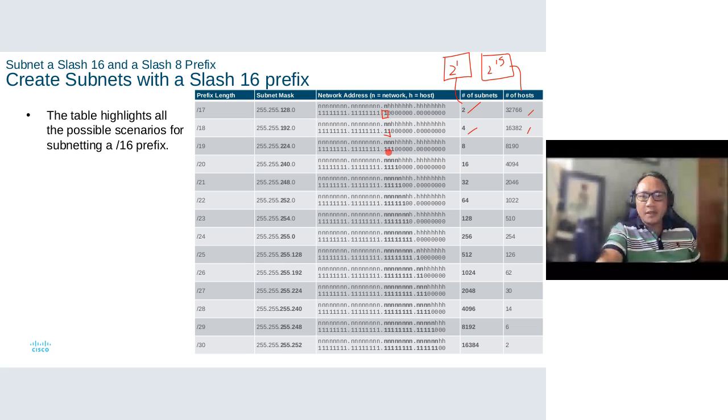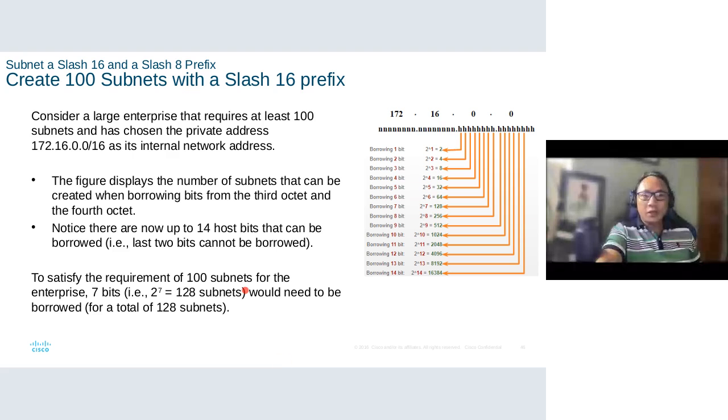Kung mapapansin niyo yung trend, parami lang ng parami yung number of bits na binabaro. So ito naging 3 na, ito naging 4, ito naman naging 5. So kung ilan naman yung natitirang 0, yun naman yung number of hosts minus 2. Okay? So very simple, so iwan na natin tong topic na to and we'll proceed with here.